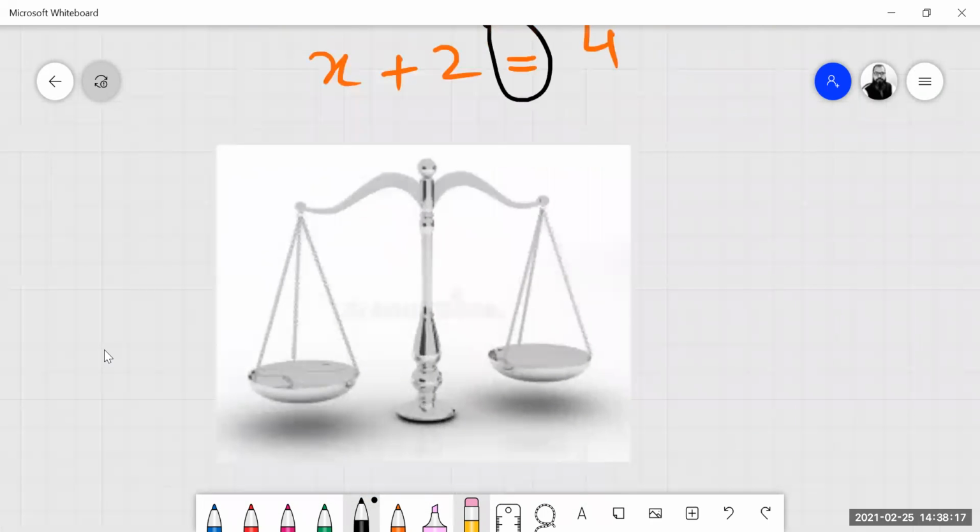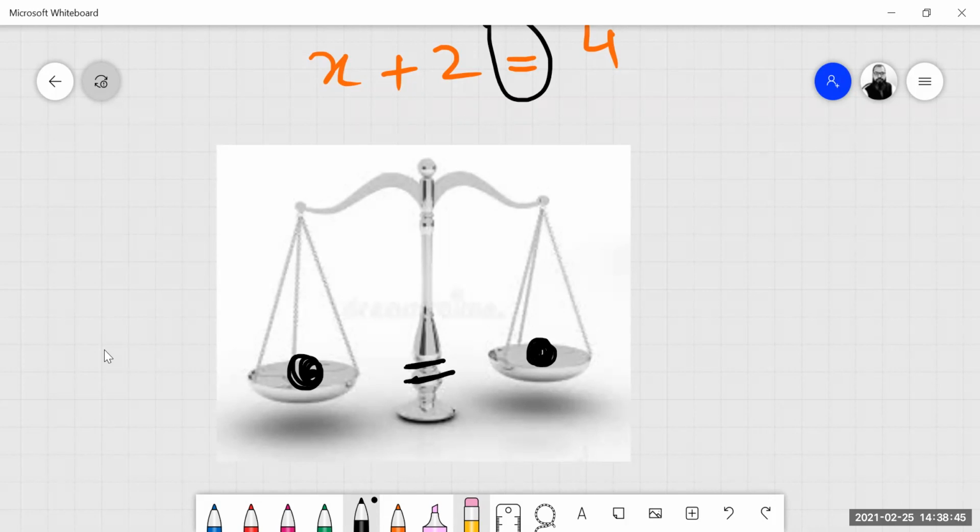If you put something on one side, you have to put the equal amount on the other side. Then it will be in balance, otherwise the higher mass will go down and the low mass will go up. For an equal equation, we need equal weight on both sides.